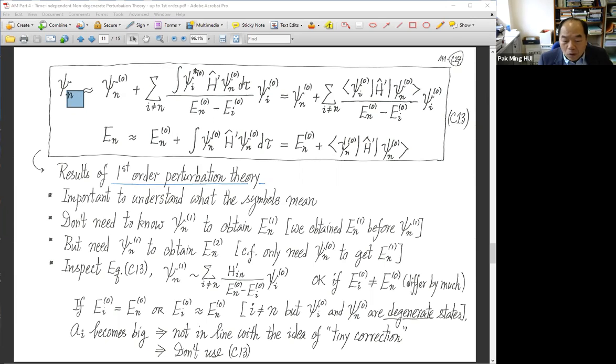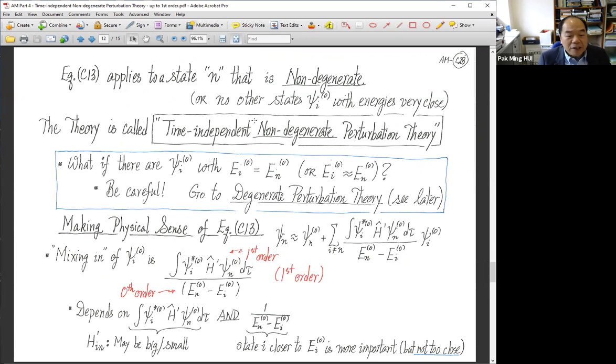This theory is called time-independent non-degenerate perturbation theory, because you should not apply it when your state under consideration has degeneracy. Okay, do you understand? So now, this is where the name comes in.